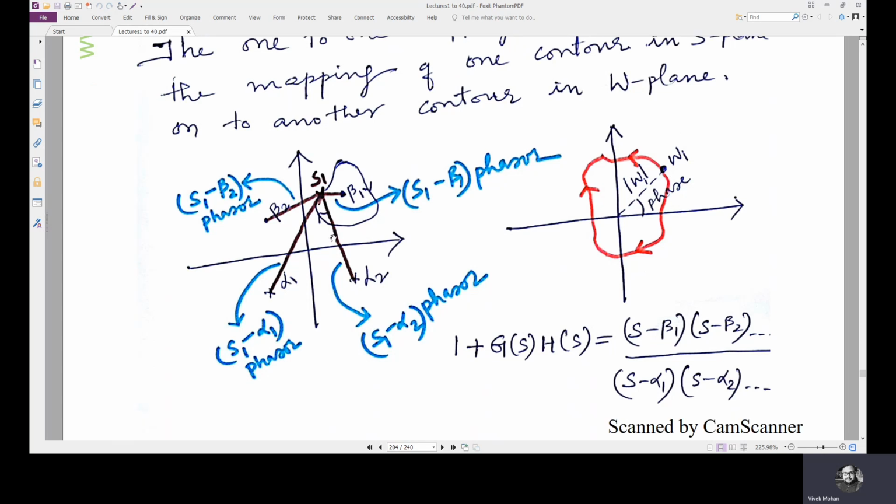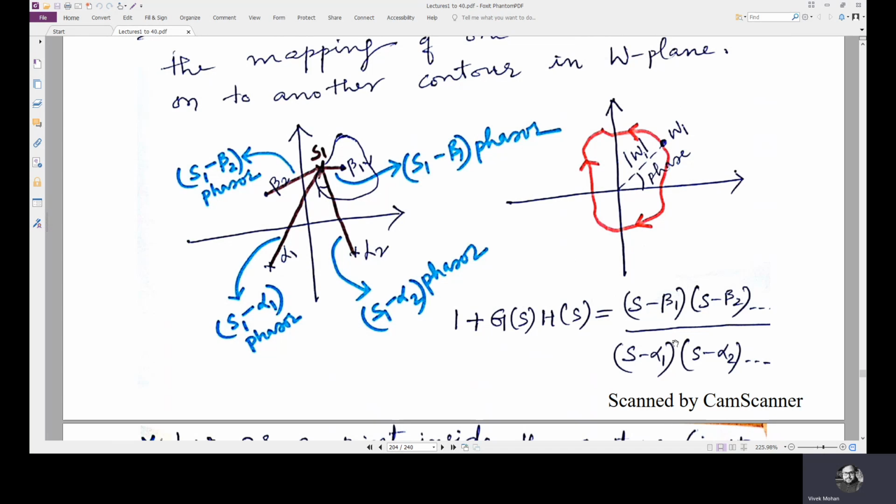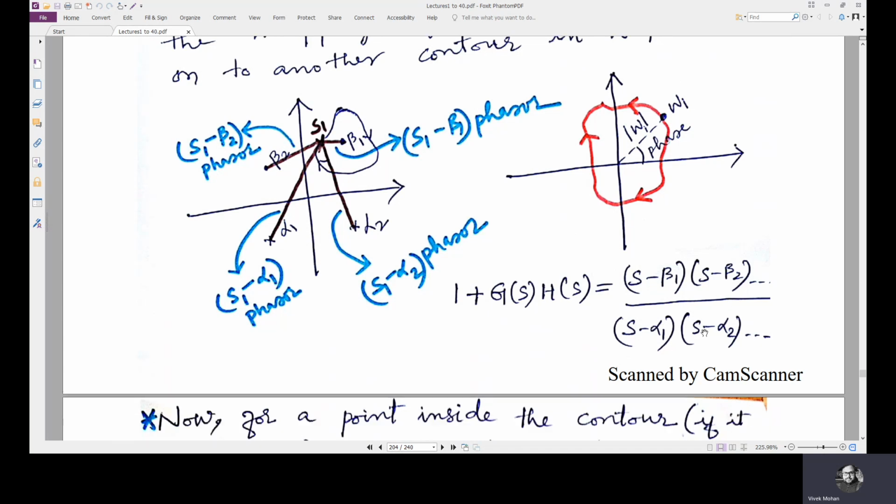Now we have the 1 plus gh expression as S minus beta 1 into S minus beta 2, etc., up to S minus beta m, whole divided by S minus alpha 1 into S minus alpha 2, up to S minus alpha m, suppose. Then this is in the pole-zero form, right? Where beta 1, beta 2, etc. are the zeros, and alpha 1, alpha 2, etc. up to alpha m are the poles.